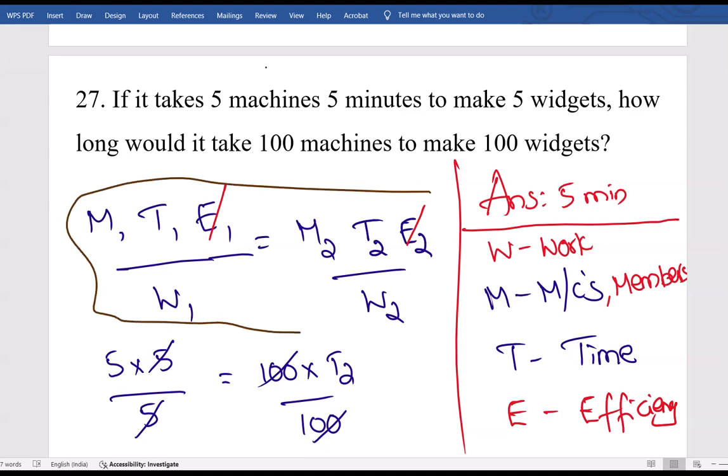Yes. We'll discuss that logic also. This is using chain rule concept. In time and work, there is something called chain rule. In chain rule, you can see these terms. T stands for timing.